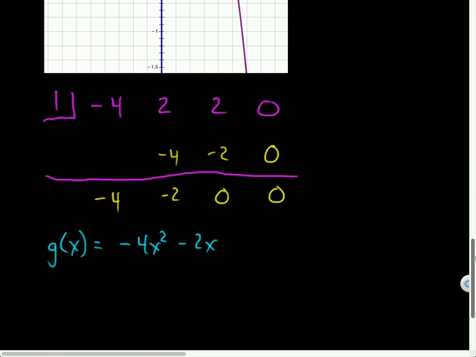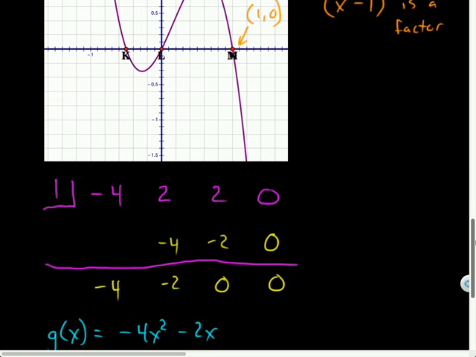All right. Now, let me ask this question. A more challenging one. Which two x-intercepts does this depressed polynomial pass through on my graph? Which two ones does it share?